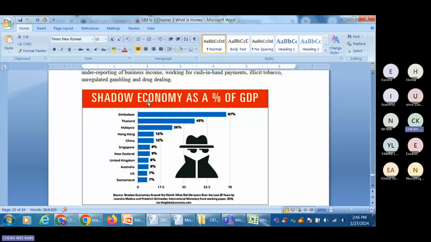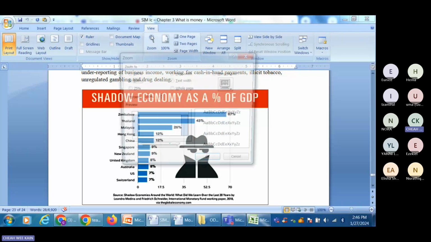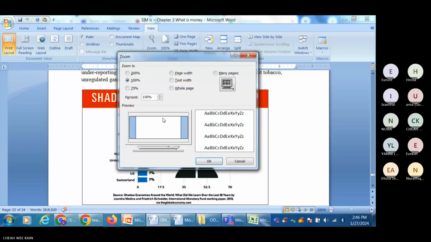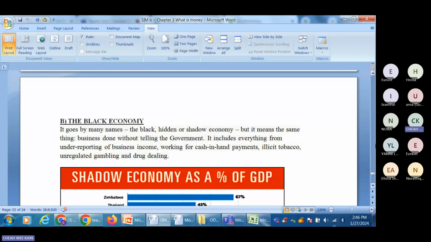So you have certain countries which are horrible, and we call this the shadow economy: business done without telling the government.